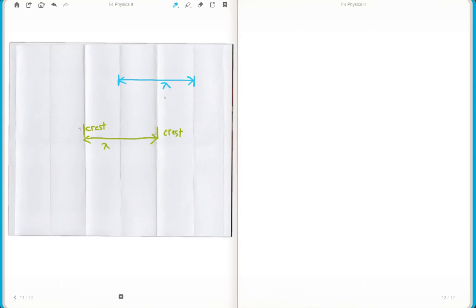You will measure in that way, trough to trough. Okay, it's a piece of paper. I fold them into a fan and then open it up. You get this trace line. This is crest to crest, trough to trough. You measure this distance. This is the wavelength. Okay, this is a top view.